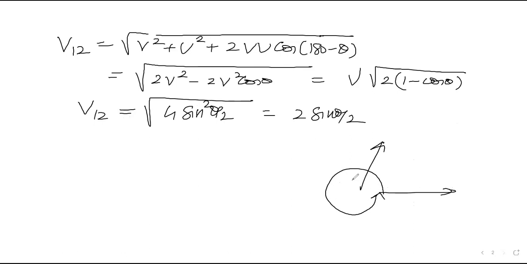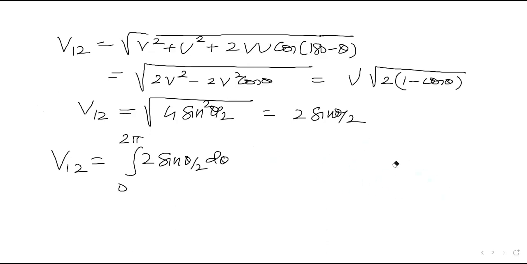So I'll integrate from 0 to 2 pi, 2v sine of theta by 2 d theta. And of course, I have to find the average, so I'll divide by 2 pi.